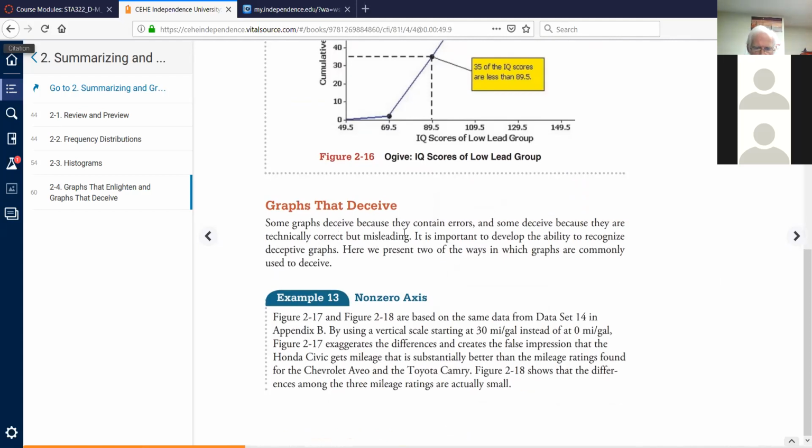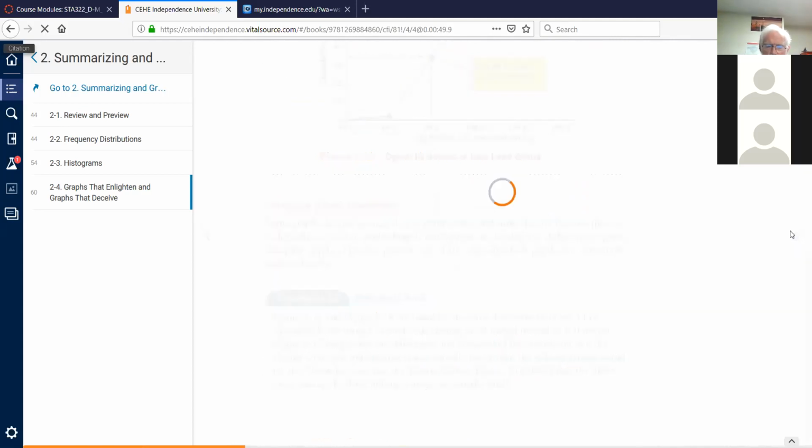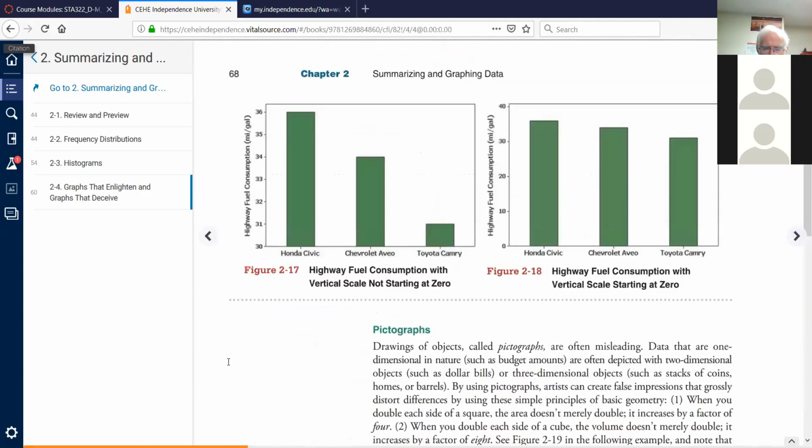Graphs that deceive using a non-zero axis is something that is really common. Here we're looking at highway fuel consumption between a Civic, a Chevy Aveo, and a Toyota Camry.